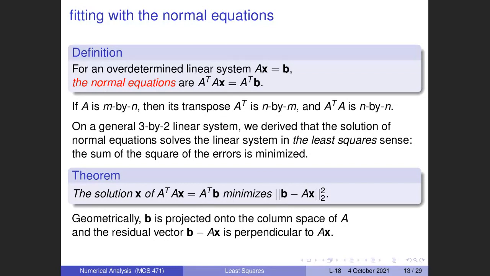So let us formalize what we have experimented with now. We have the normal equations, in full generality: A transpose, we multiply, and then we obtain a square system. In general, M is larger than N. We have seen that we derive the solution in the least squares sense.